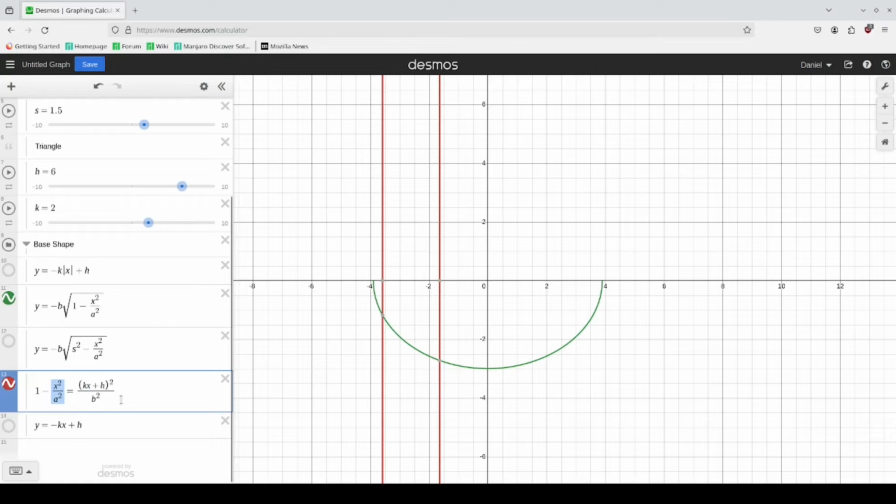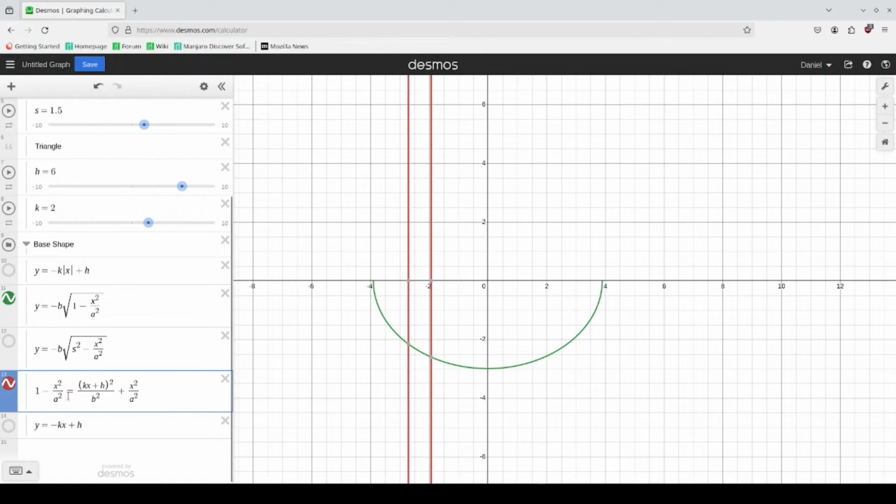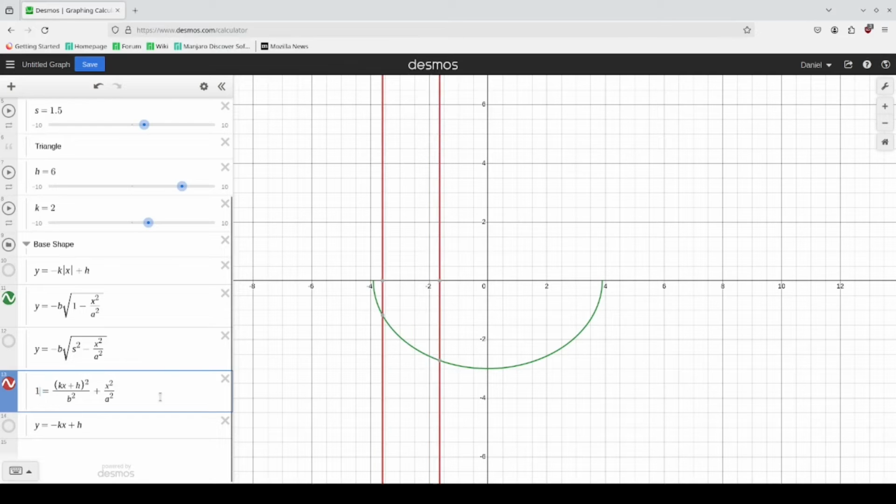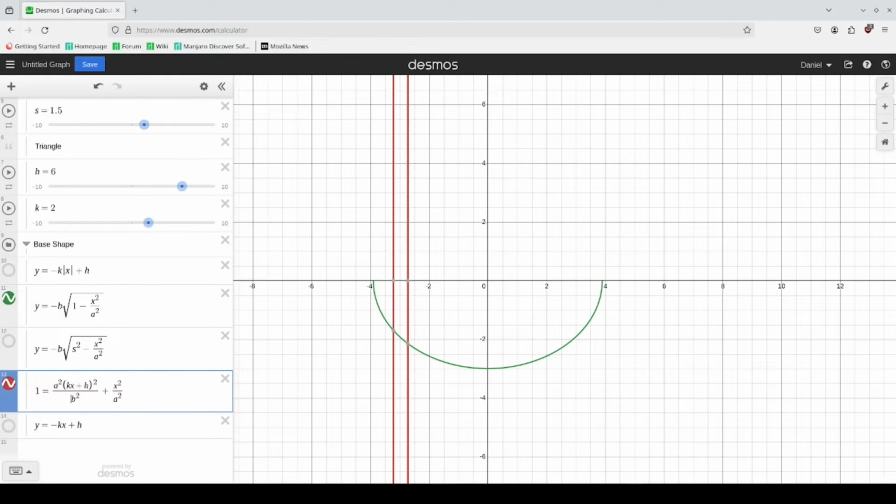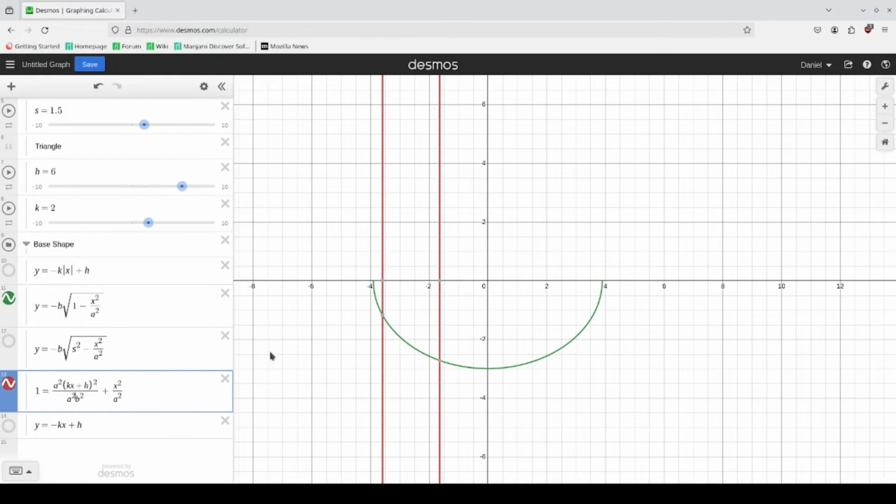Let's move this term to the other side. So we're going to add x squared over a squared. We would like a common denominator between the two so that we can add them together. And so this becomes, so we multiply a squared over here.